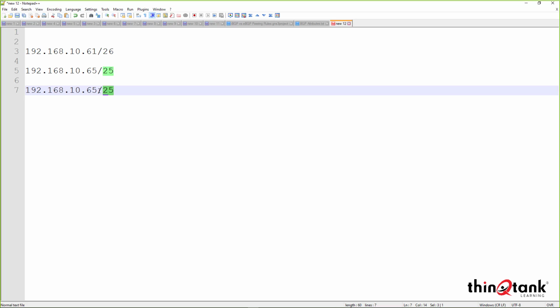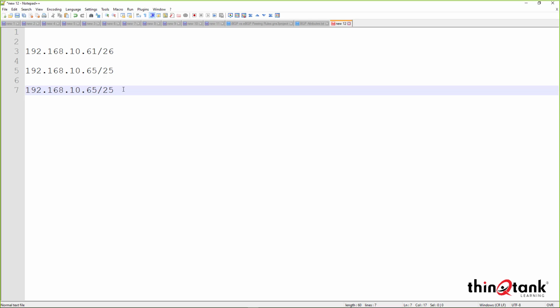By the way, this is often mistakenly referred to as CIDR notation. I wouldn't say it's mistakenly referred to as CIDR notation, but because this is classless, what we define as the prefix length, meaning the network ID length, basically just means the number of 1s in the mask. So in this mask, there's 25 1s. In this mask, there's 26 1s. If you have a /10, 10 1s in the mask. If you have a /19, 19 1s in the mask, and so on.